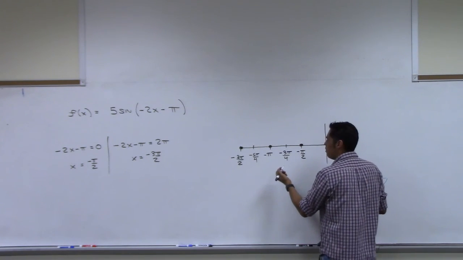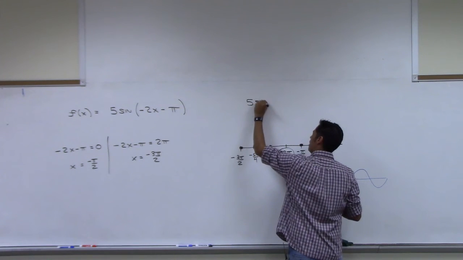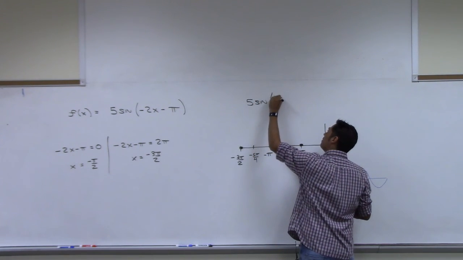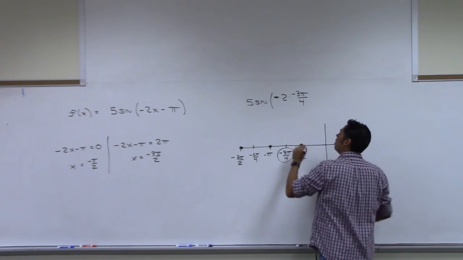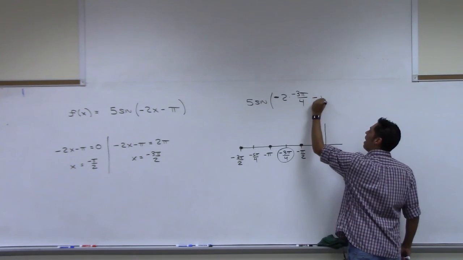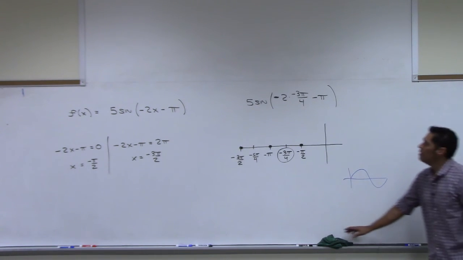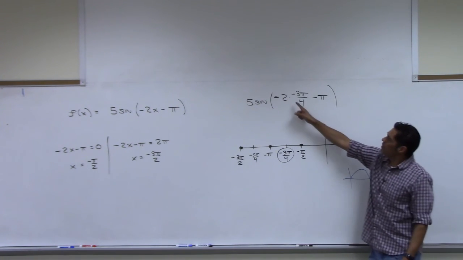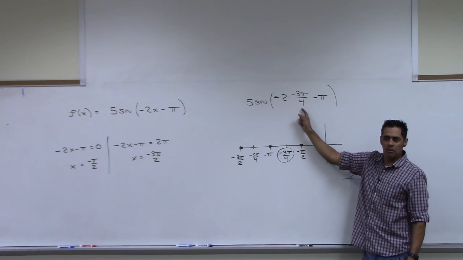So why don't I test a point? How about this one? What is 5 sine of negative 2 times negative 3 pi over 4, and then minus pi? Is that what I'm doing? Okay, so what do I get here? 6 pi over 4, right?